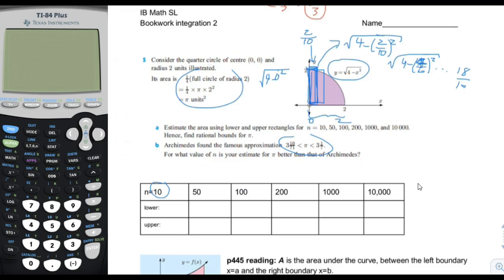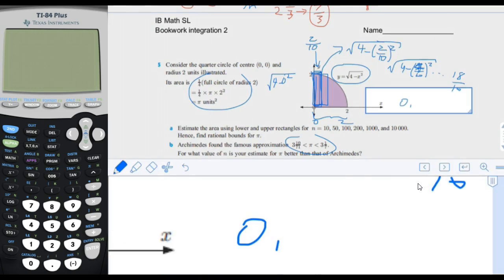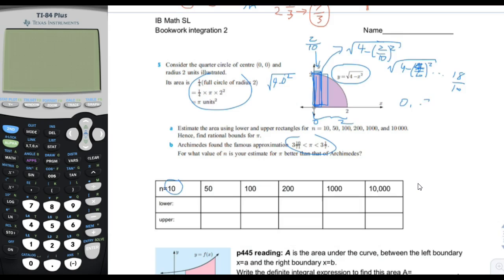It's going to go from 0, 0.2, 0.4, etc., all the way to 1.8. Okay? So the way we're going to do that is we're going to use n equals 10, and the counter is going to go from 0 to 1.8, or 0 to 18, and we're going to count by 2's.